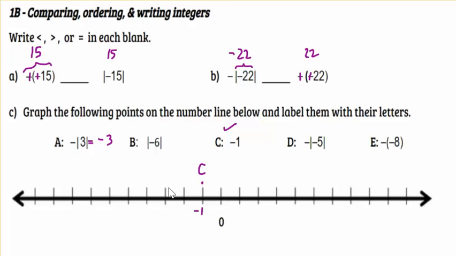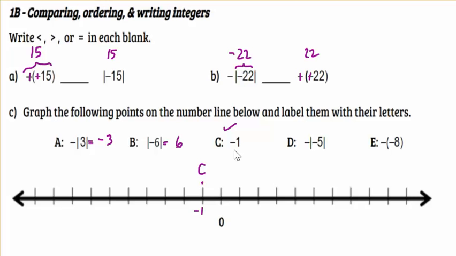I'm going to let you graph these on your own number line, but I will help you with the value of each one. For B, this is the absolute value of negative 6. You see the difference between A and B. In this case for B, the negative is inside. So we are being asked, what is the absolute value of negative 6? Well, that would be positive 6.